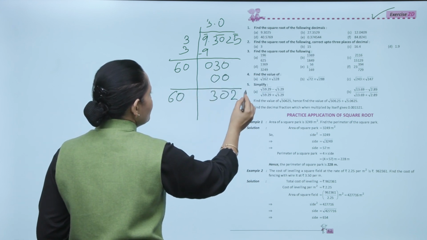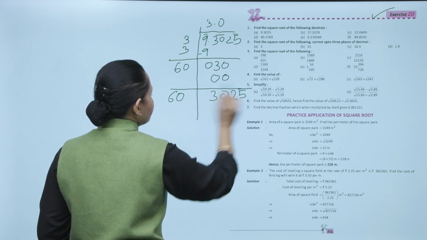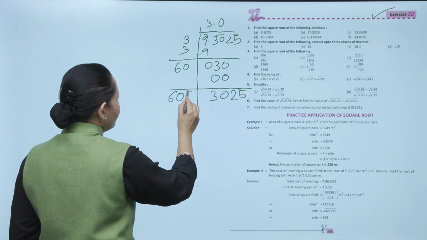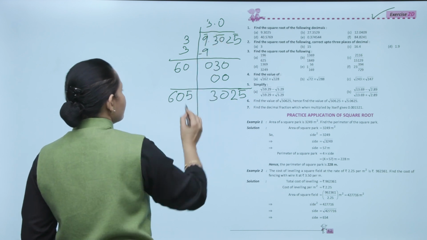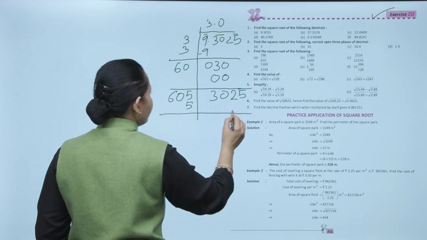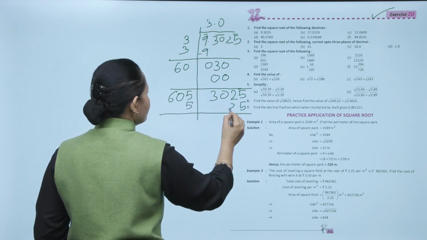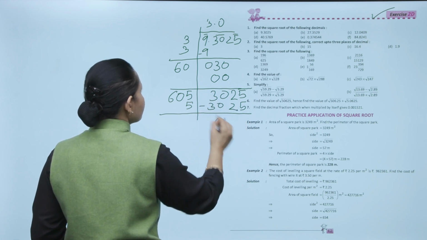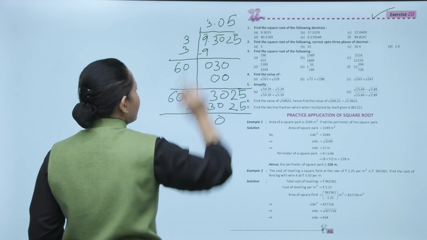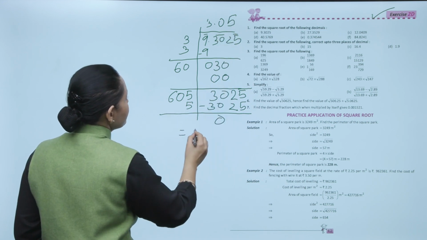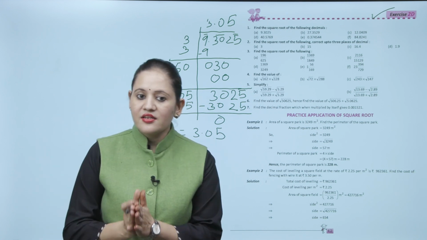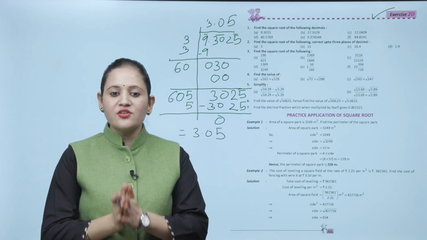Next 25. Now we'll note down the number 5. Multiply by 5, 230. Subtract, 0. So our answer is 3.05. Clear? Practice all the questions of this exercise.